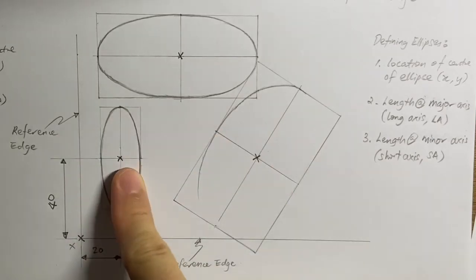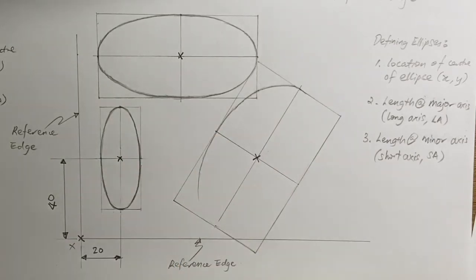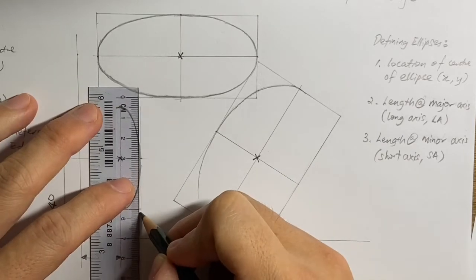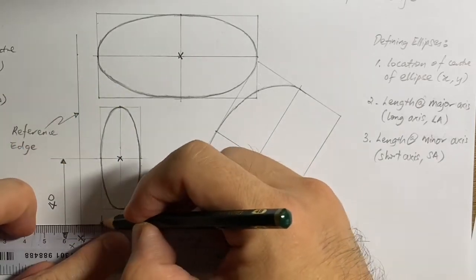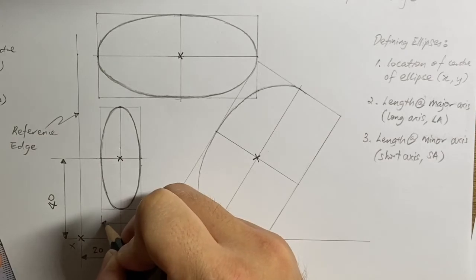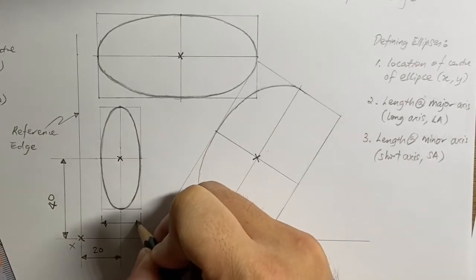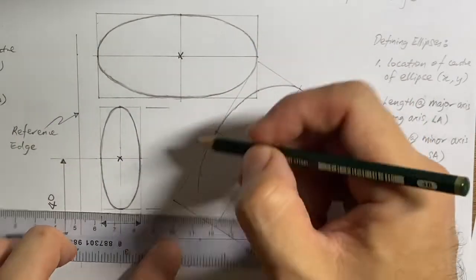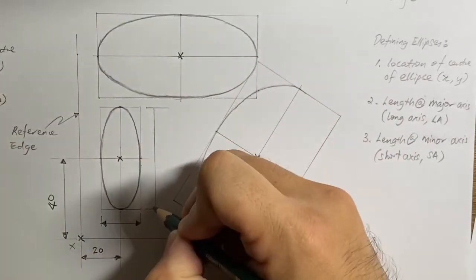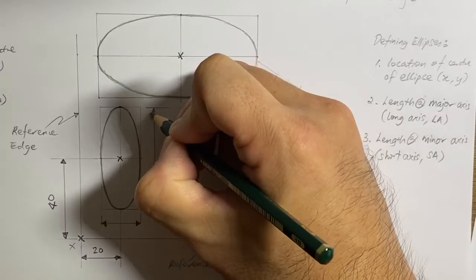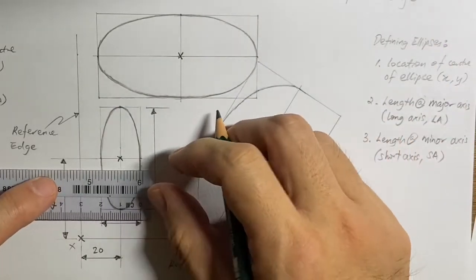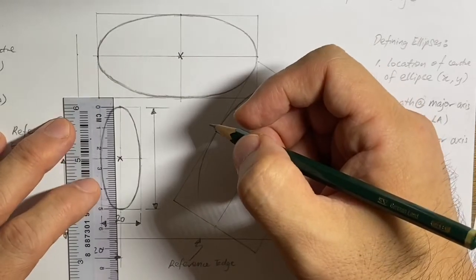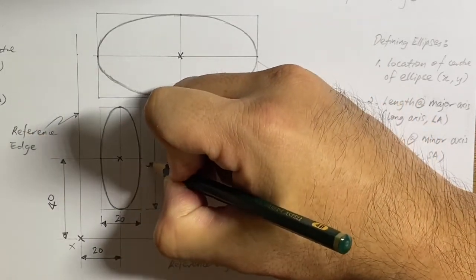So that defines the center of this particular ellipse. Now we will need to define the length along the short axis as well as along the long axis. So this is how it is done. This length is also 20, remember right above the line, and this is 50.